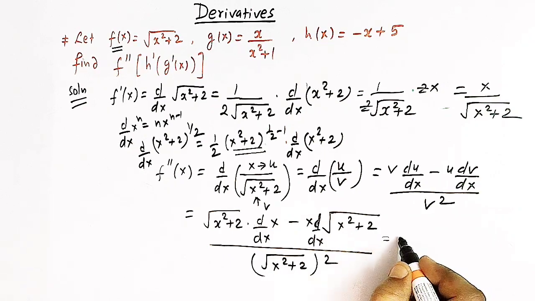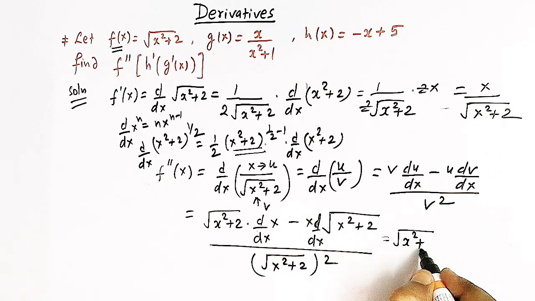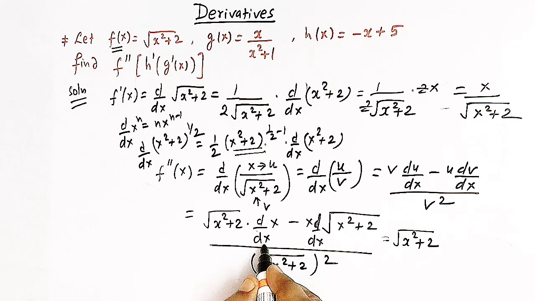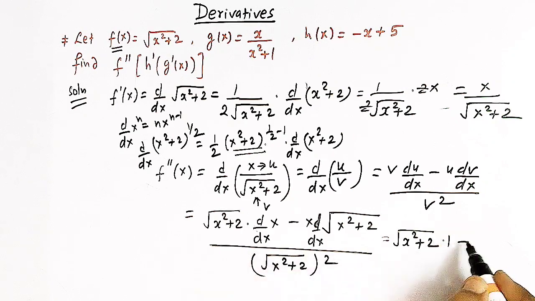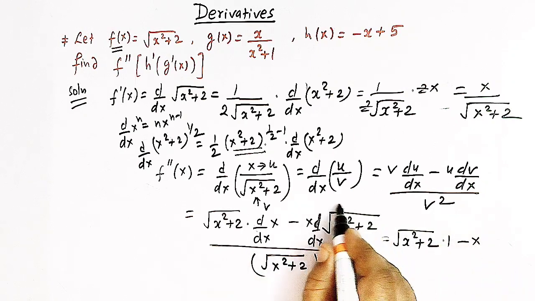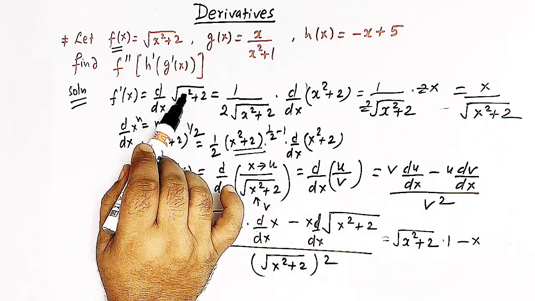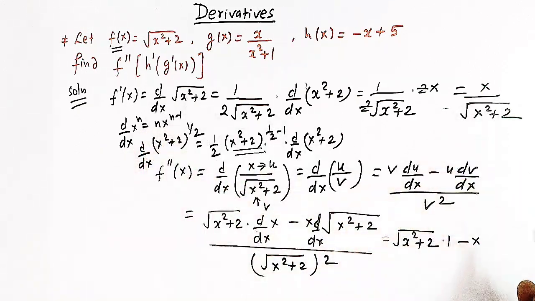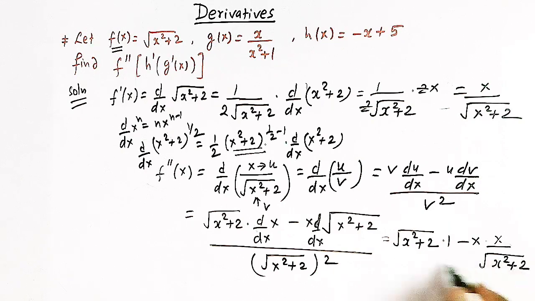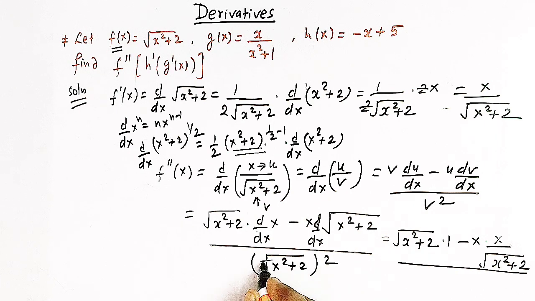Now we have square root of x square plus 2 because the derivative of x with respect to x is 1, and here we have x, and the derivative of square root of x square plus 2 is given by x over square root of x square plus 2, divided by the square of square root of x square plus 2. Here the power half is cancelled with this 2, so we have simply x square plus 2.